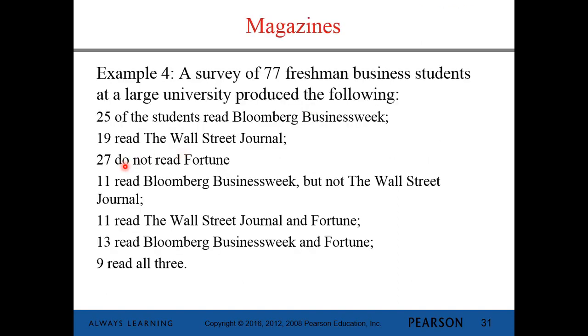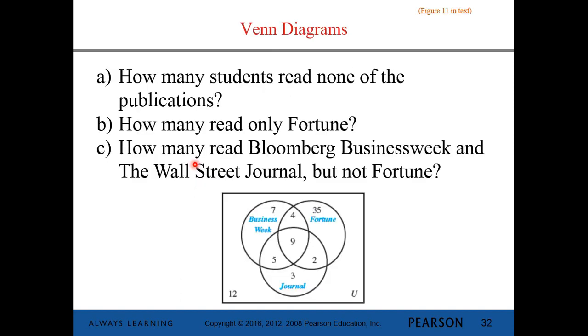So we've got 27 do not read Fortune. So that means these 4 regions have to add up to 27. Well, we know this one. Oh, hold on a second.